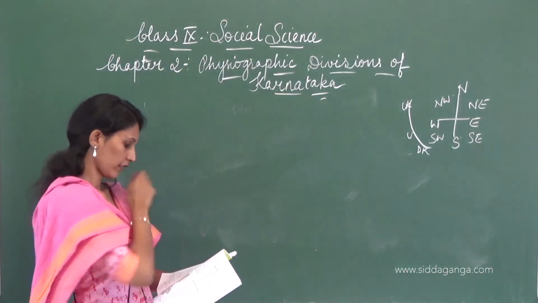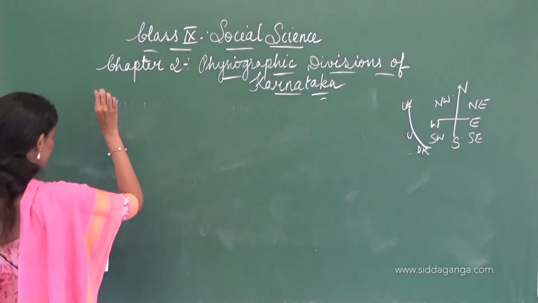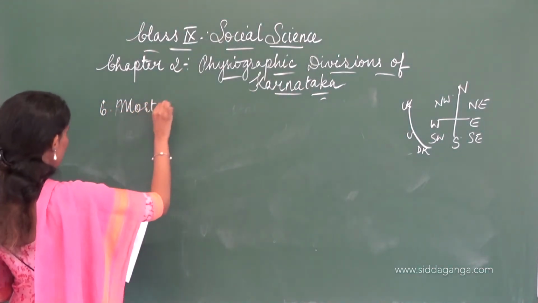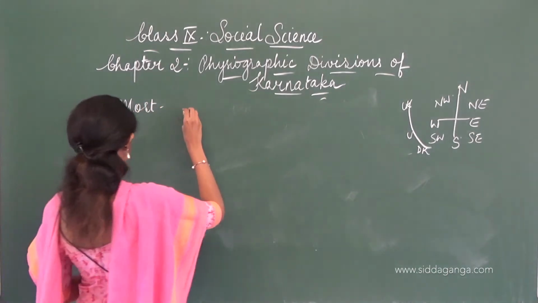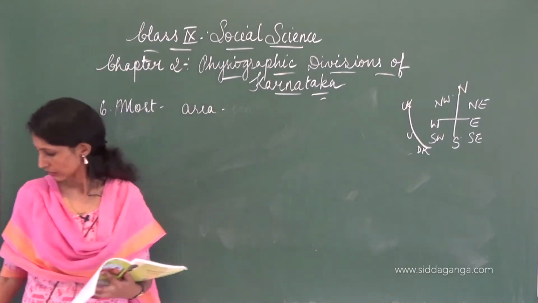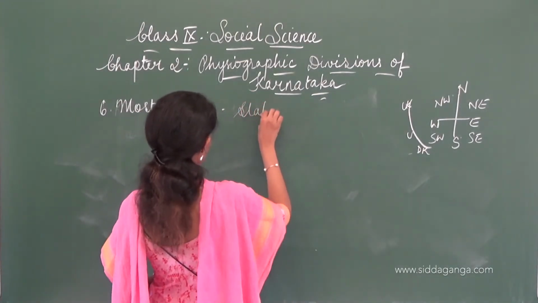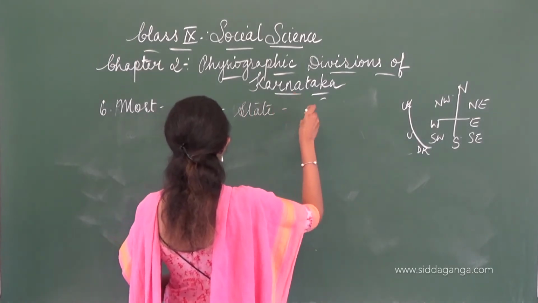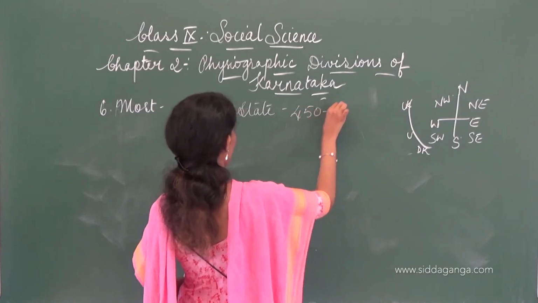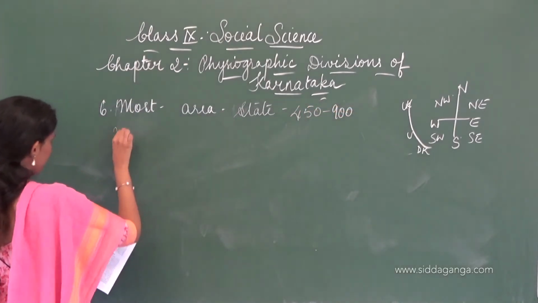Next, we will see, now most of the area of our state is 450 to 900 meters above the sea level.